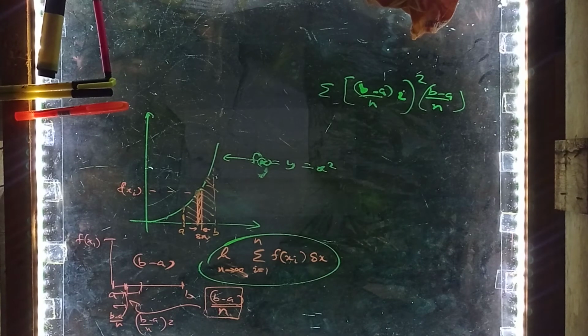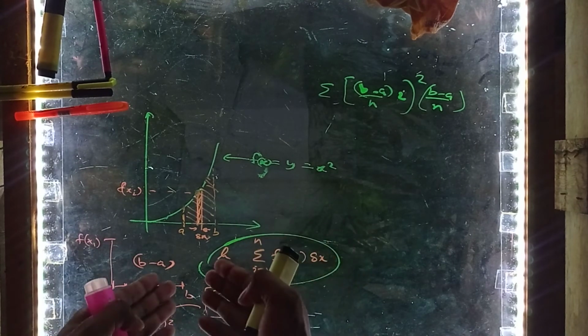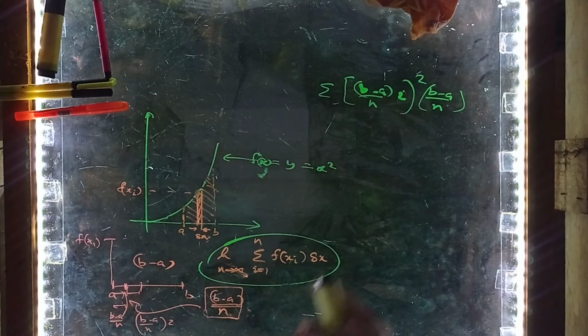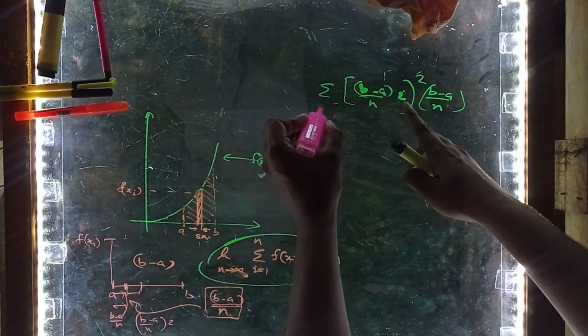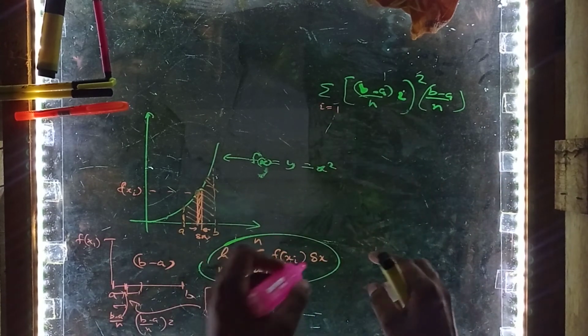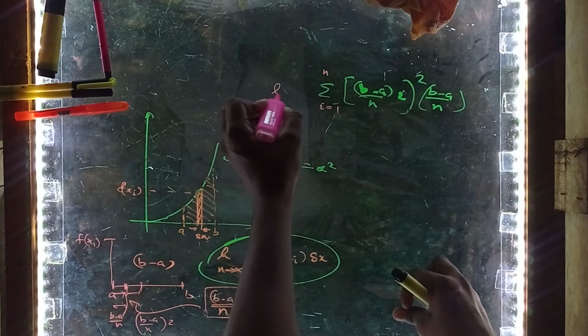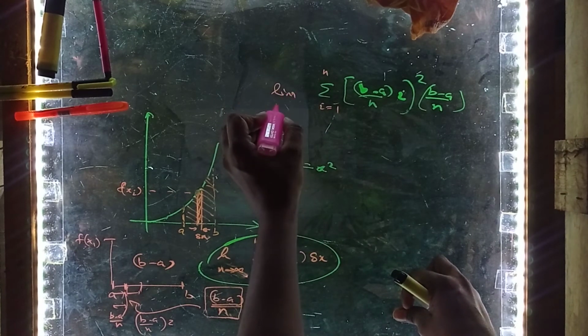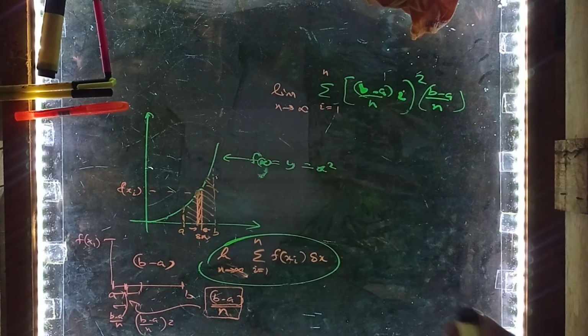If you are given different ranges, you can manage it accordingly. I picked from little a to little b, so the slices run from the first to the nth. Let n approach infinity, making each slice very small.